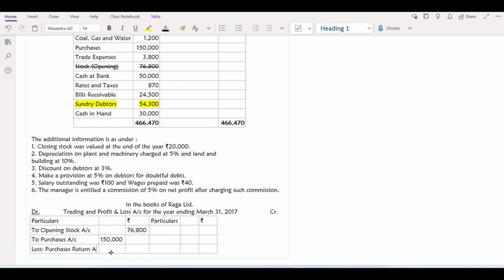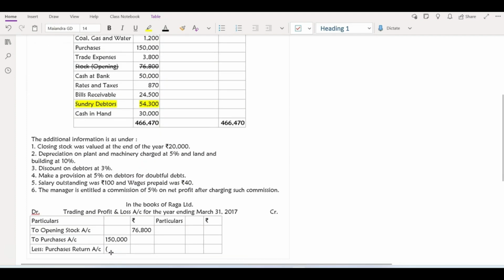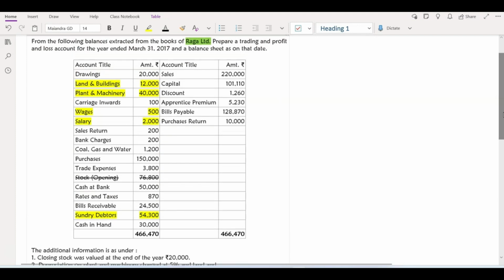So purchase return account, what is the amount of purchase return? 10,000. So negative 10,000. My net purchases going to my trading account is 1,40,000, and let's cross out both of our items. This is purchases, cross it out, purchase return, cross it out.